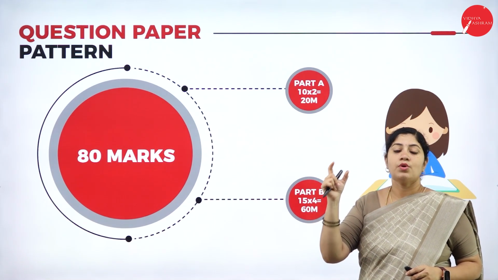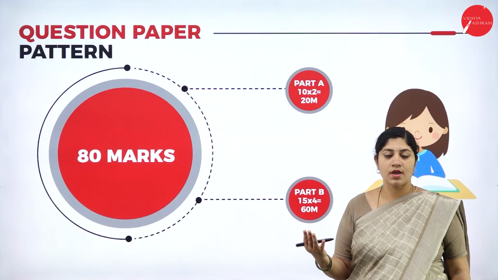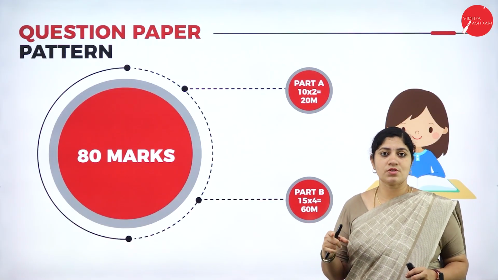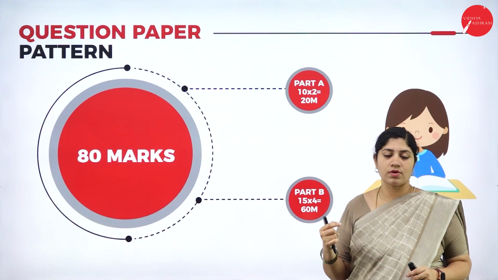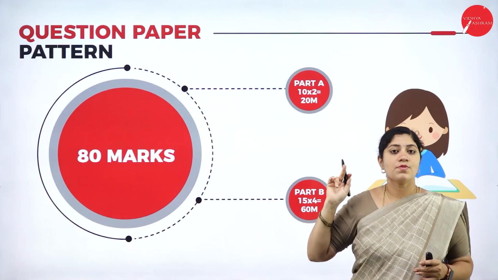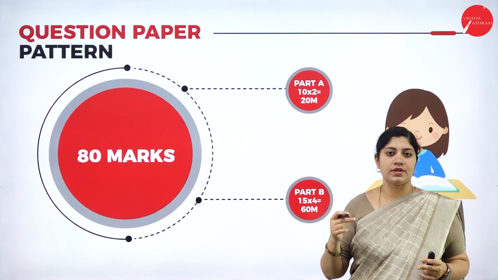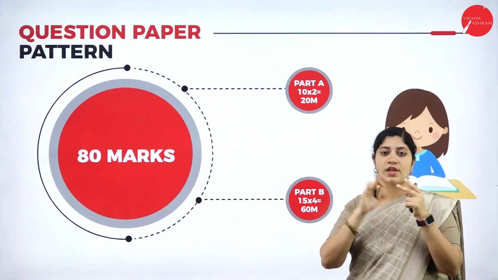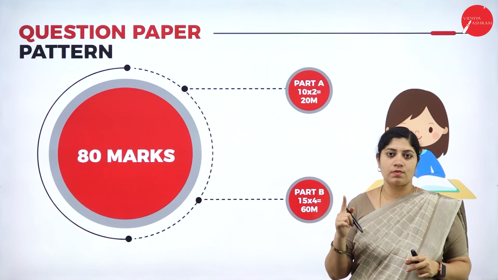So in part B, you'll have a total of 4 questions and each question carries 15 marks. Each question will have internal choice, that is A, B, C, D. You can either answer A, B or go with C, D. That is the internal choice that you'll get from one unit.